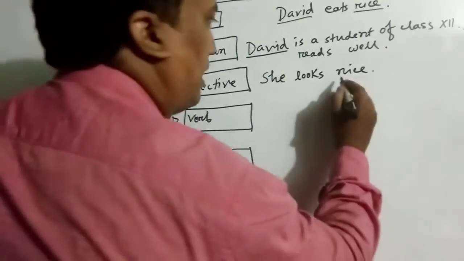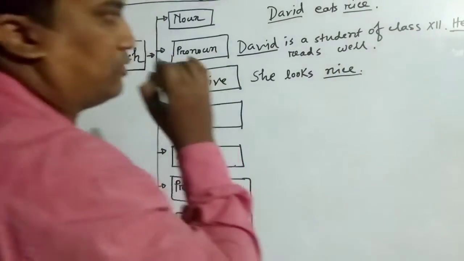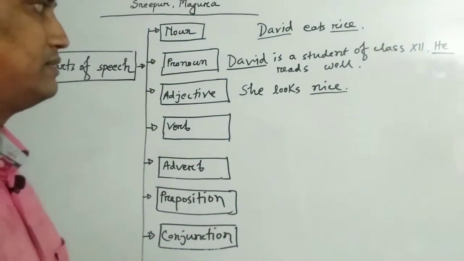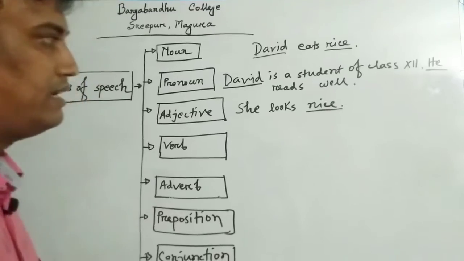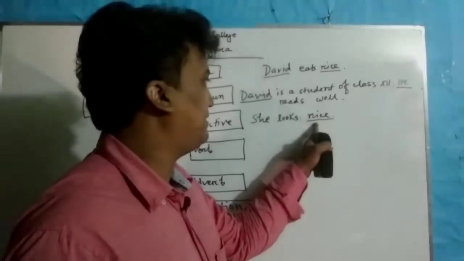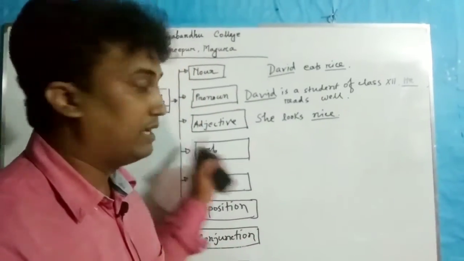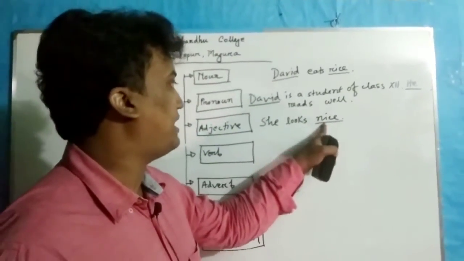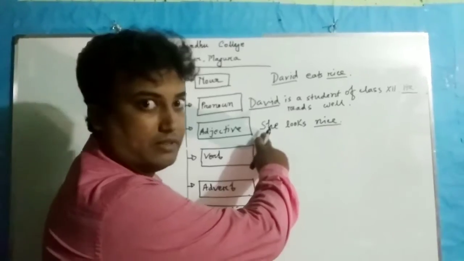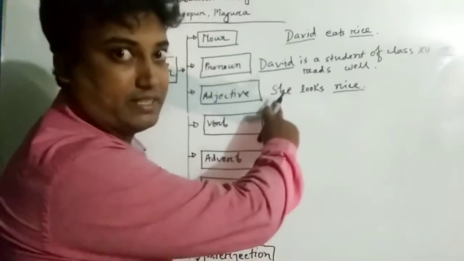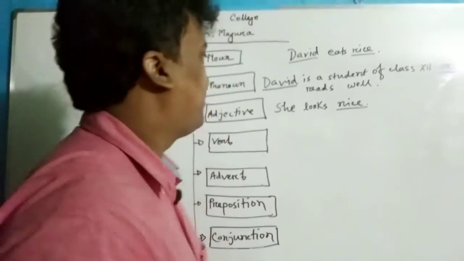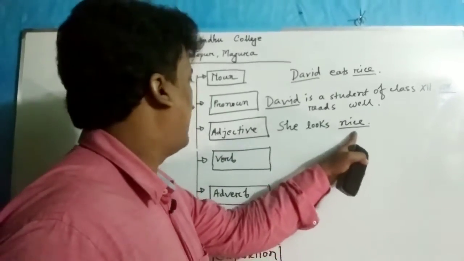Look at the underlined word nice. So the underlined word nice is the example of adjective because the word modifies the pronoun she, that is the subject. So nice is the example of adjective.